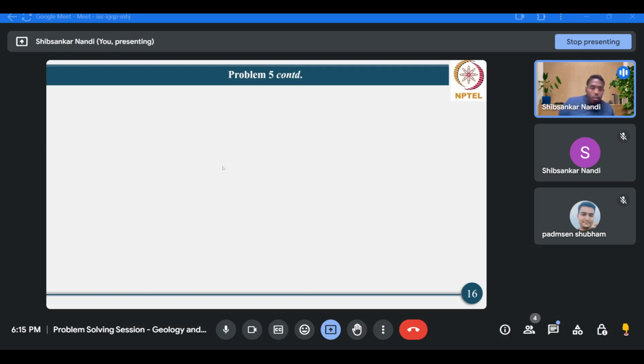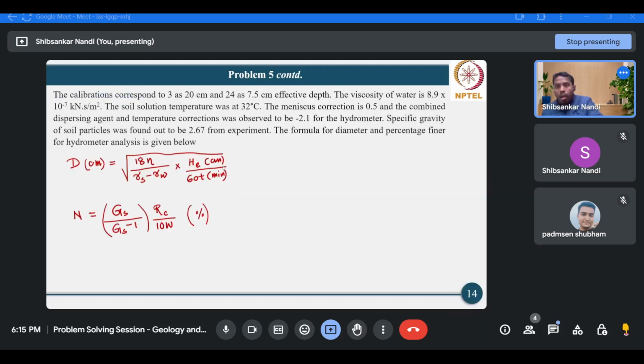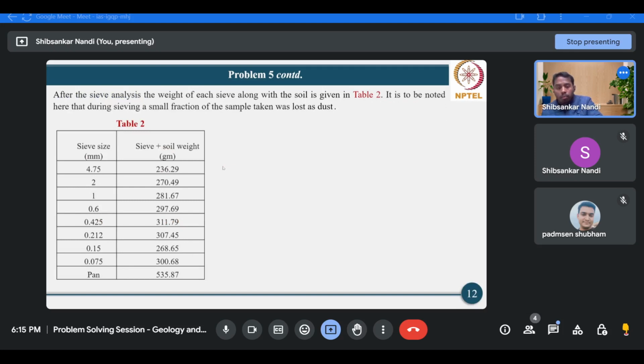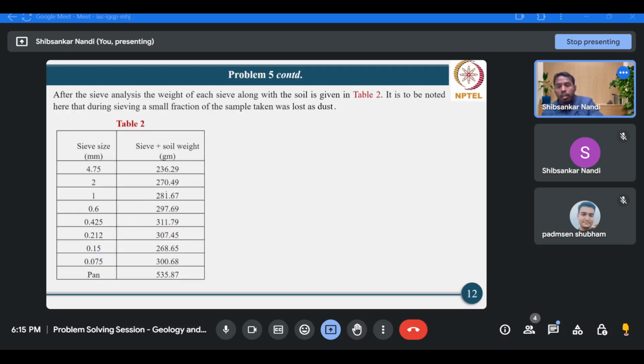Okay, so before proceeding further, we'll start with the very fundamentals. First of all, table 1 gives the sieve weight, and table 2 gives the sieve plus soil weight.